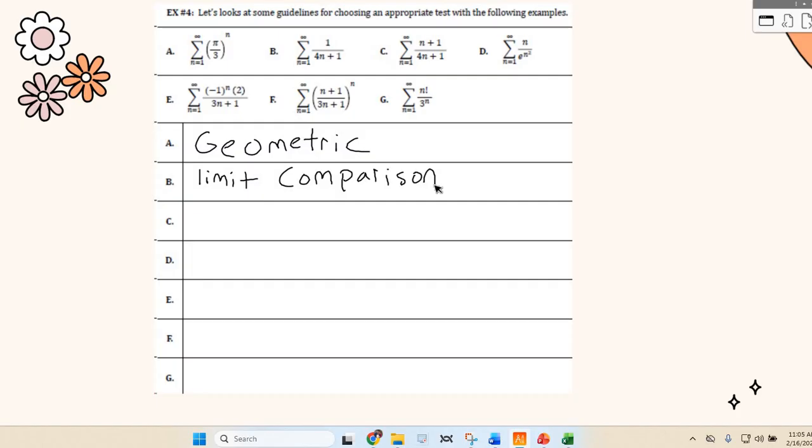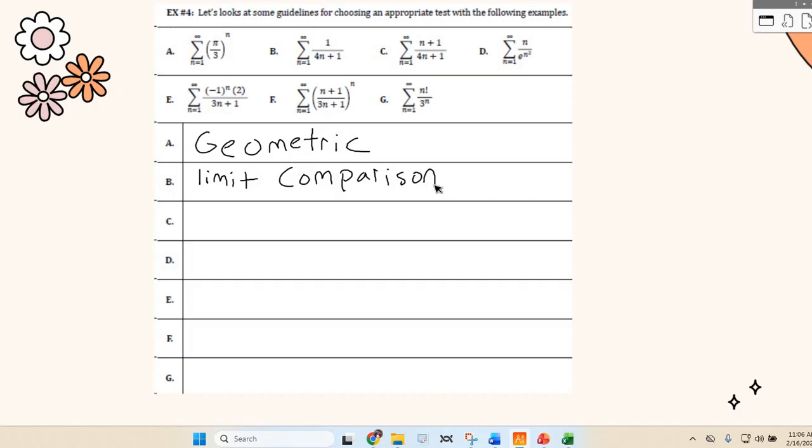With division, you would be multiplying by the reciprocal, so we're not stuck with n's on top and bottom, and we can use L'Hopital's after that. You would end up with either a fourth or a 4, because you would have a 4 in front of one and not in front of the other, which does equal a number. Therefore, since 1 over n is divergent, the other one must also be divergent.